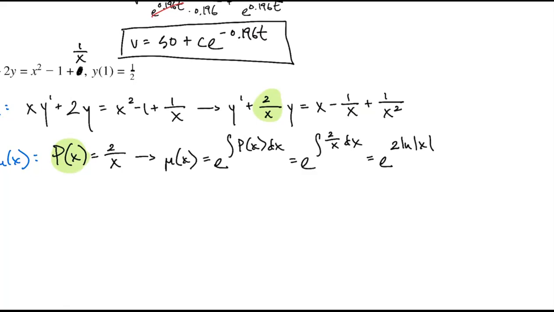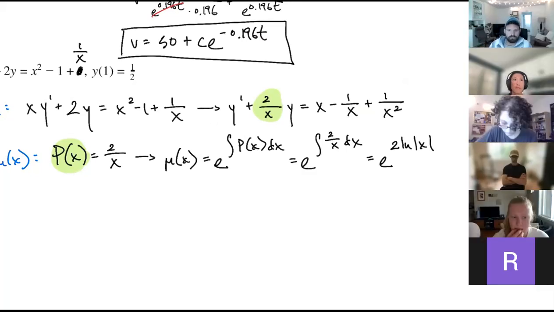Are we good so far with the integrals? So 2 over x gives us that natural log, and the 2 is that constant, so we'll keep that in the front, 2 natural log of x.